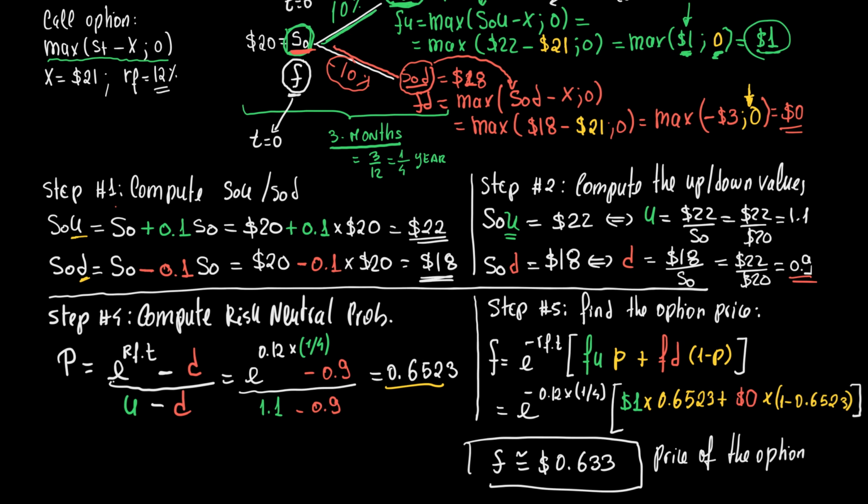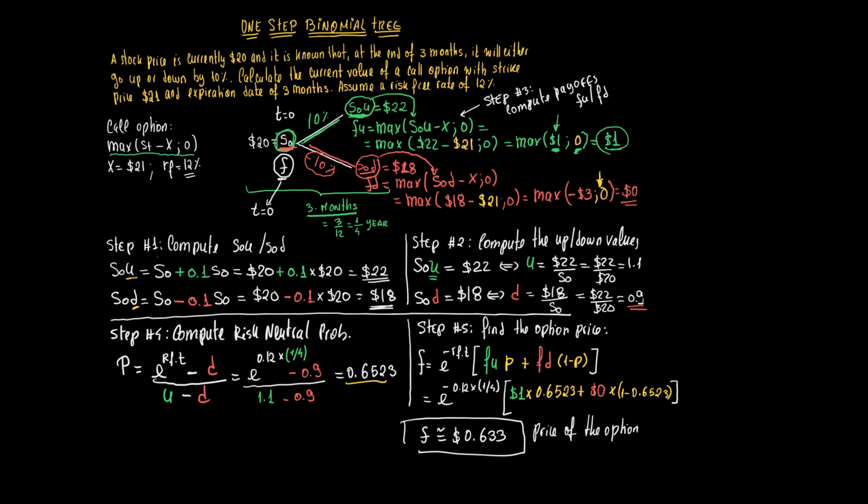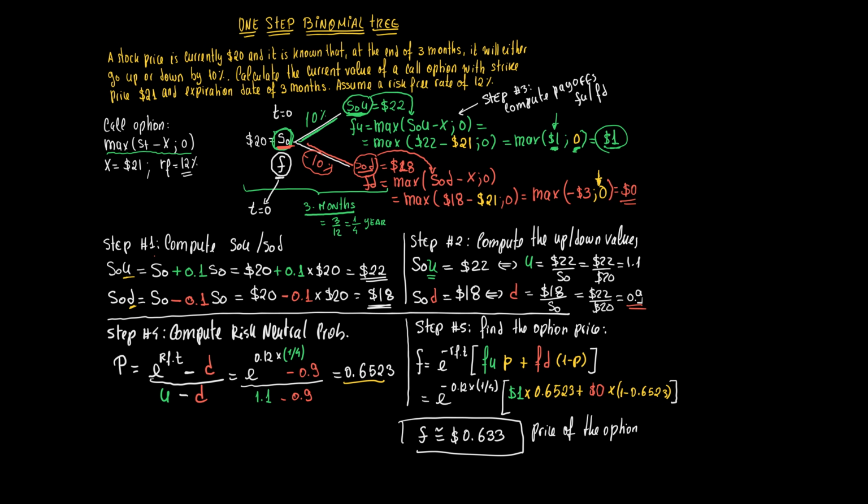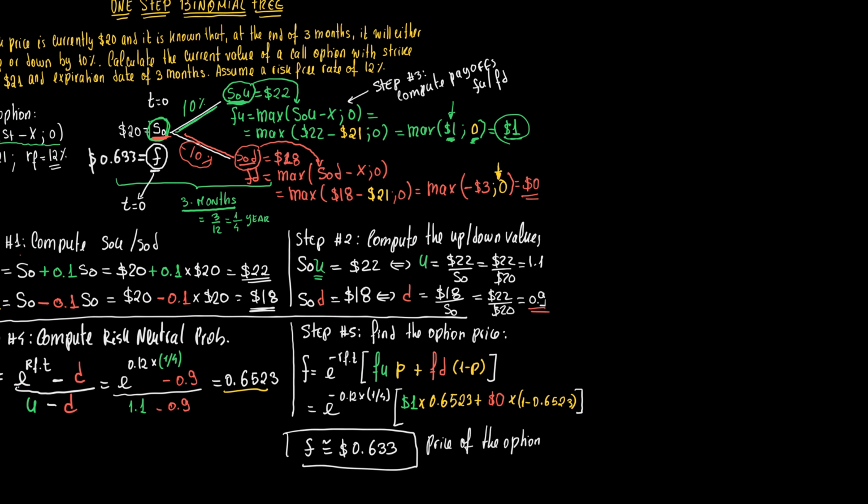So remember what it means to compute or find the price of the option. F here, we can put it in our tree, 0.633. What it means to find the value of the option is simply the following. Remember what an option contract is. An option contract is nothing more than a piece of paper.